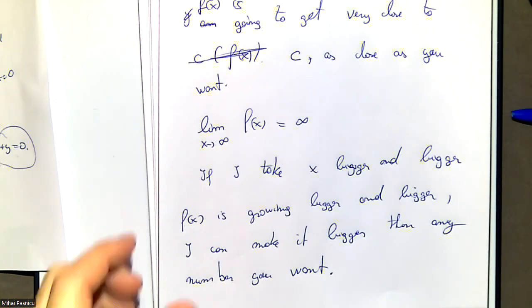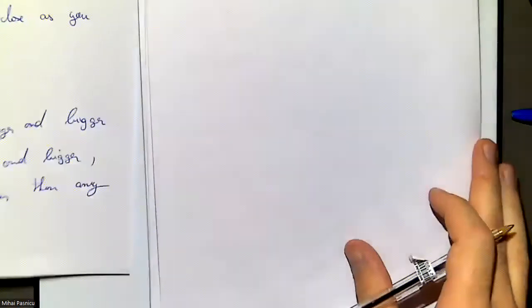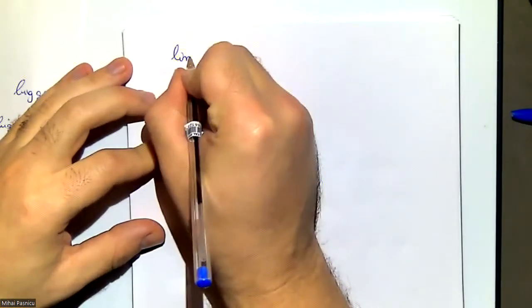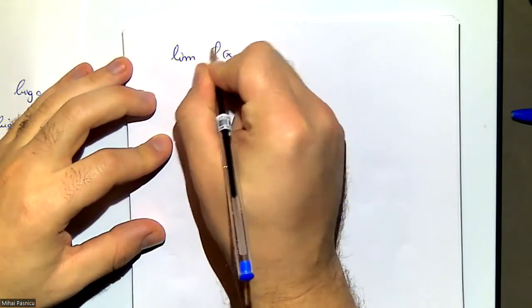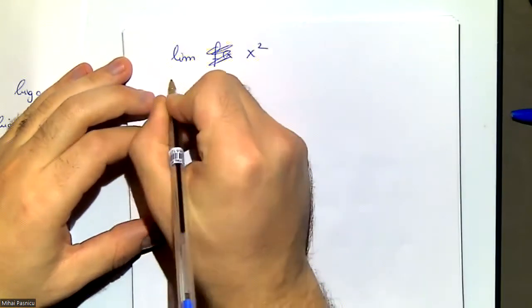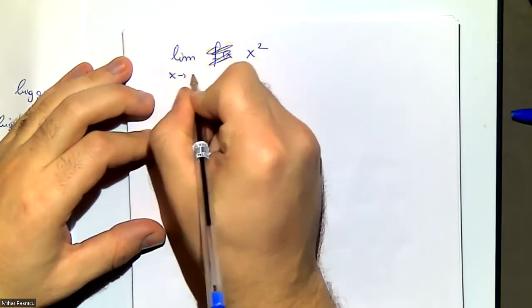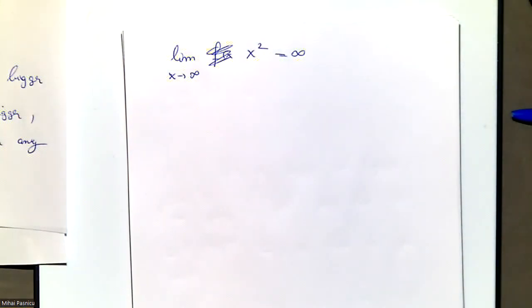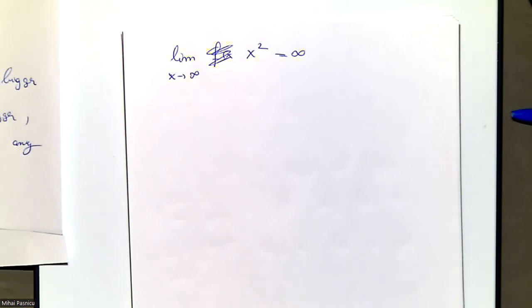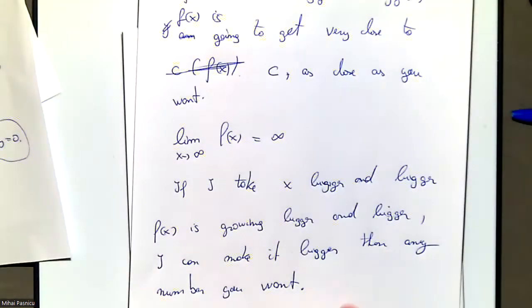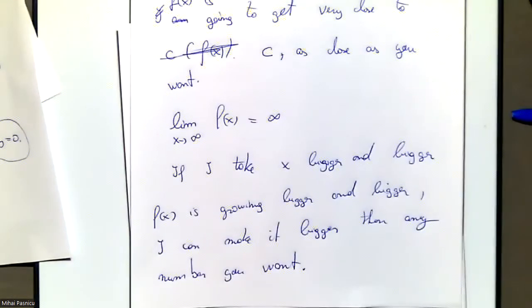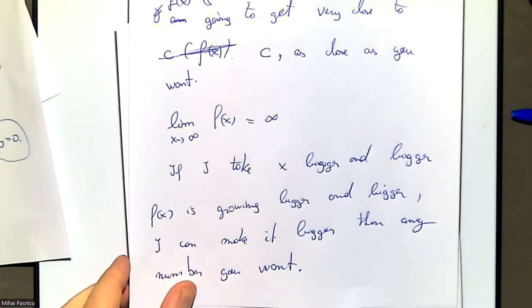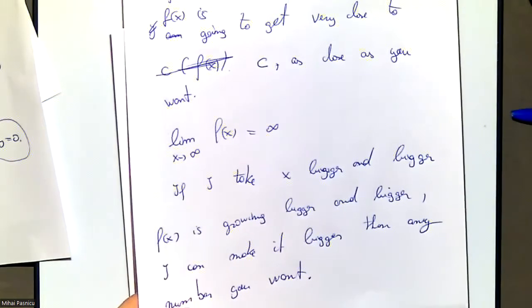If you want to take an example to see exactly what I mean, let's have the limit of x squared when x goes to infinity. Why is this infinity? Well, because according to my extremely formal and nicely phrased definition, whatever number you give me, I can make x squared bigger than that.